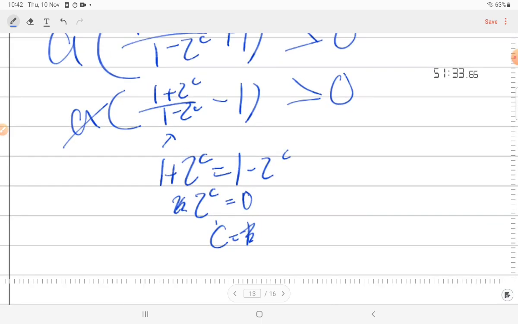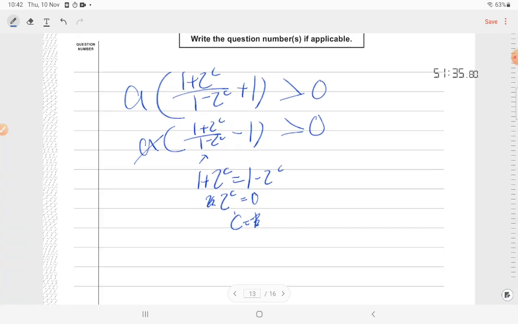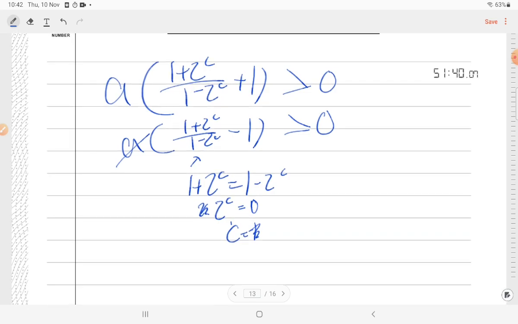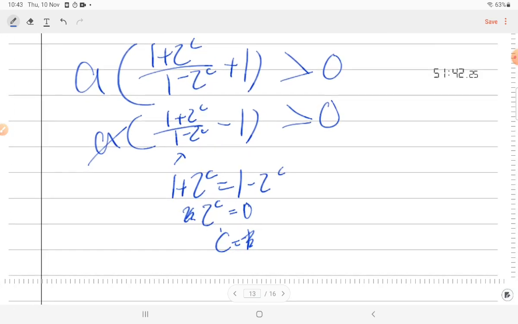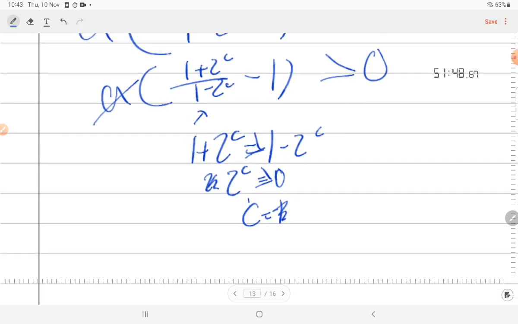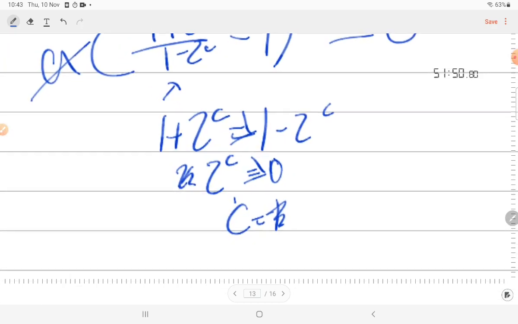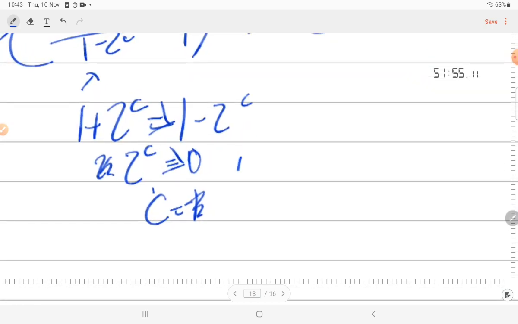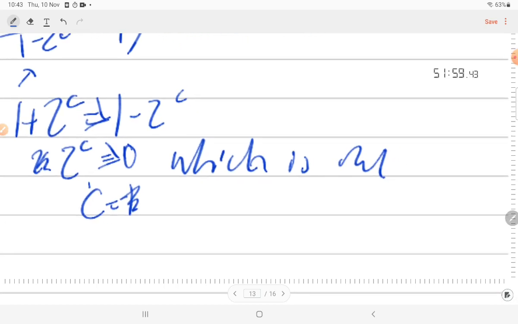So this keeps on making... actually 2 to the power c is greater than 0, and which is real for all values.